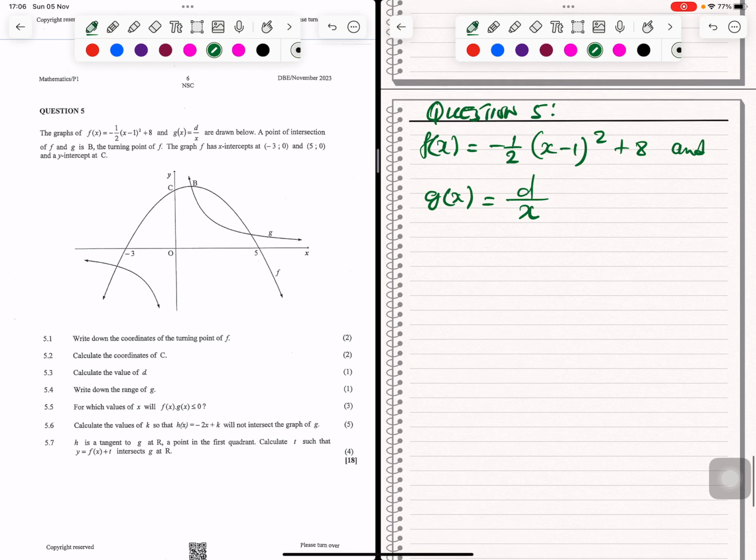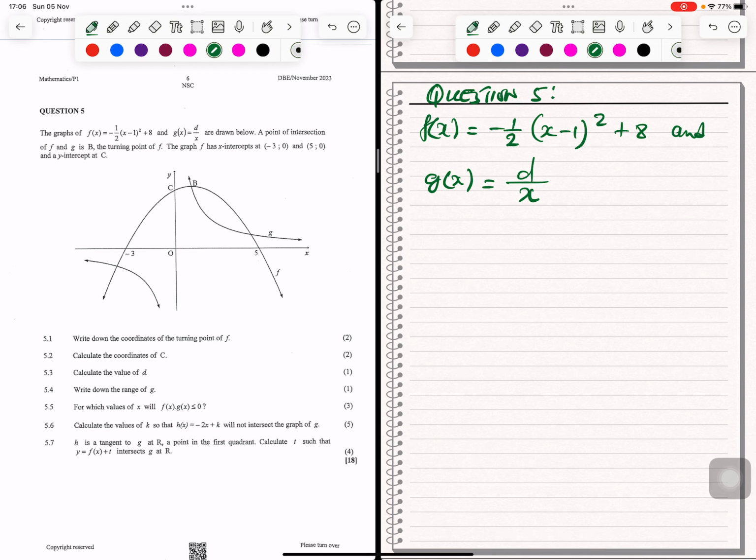You're given the intercept of f. Everything is given except the turning point at B, and the y-intercept is not given, it's at C. So at C is the y-intercept, and at B is the turning point of this particular graph of interest.